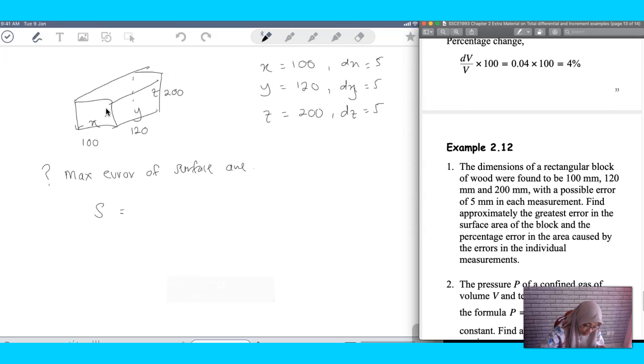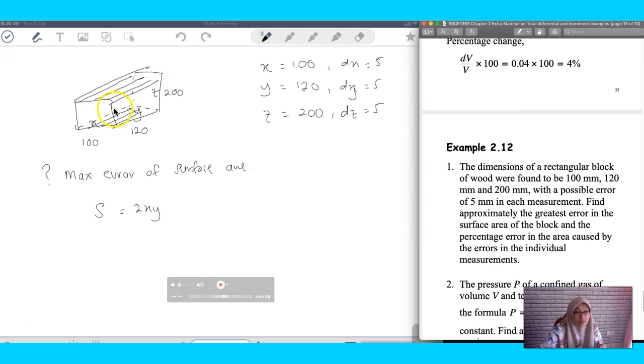You have 6 surfaces. How can we get the surface area? The area of this one surface is just xy. The size of this surface is equal to the opposite one, so you get 2 multiplied by xy.